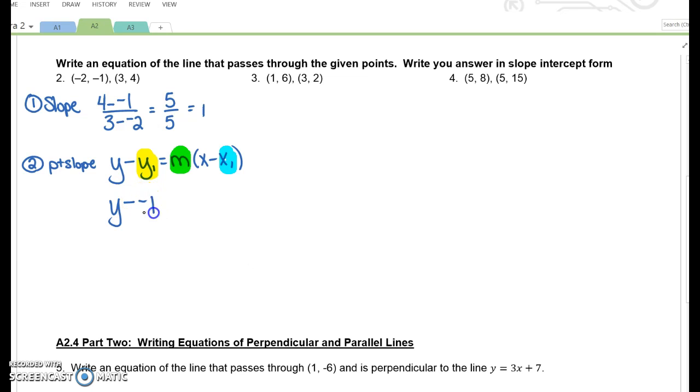Now notice point-slope form has subtraction in it. So if our coordinate is -1, we do end up with minus a negative. That is okay. So -1, that comes from the y value of our point, equals m. What is our m? 1.